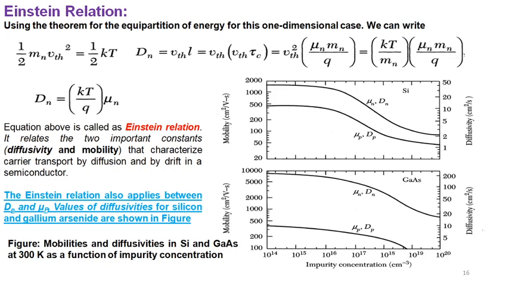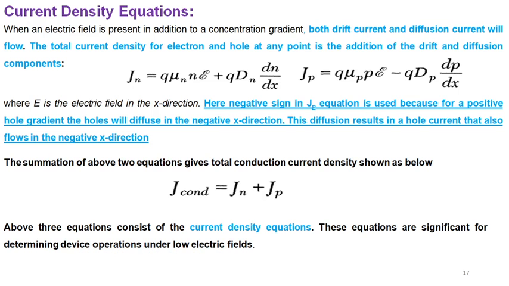This figure I already showed before when we talked about the mobility part, and now I am showing it again for diffusivity. See here how the diffusivity changes as a function of impurity, taken at room temperature, and like mobility, the diffusivity also changes in silicon and gallium arsenide material.